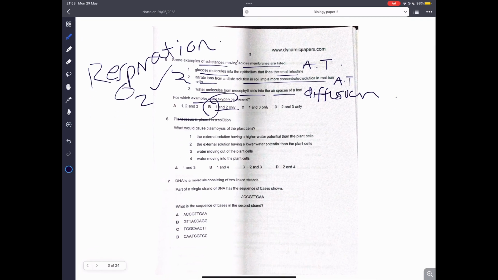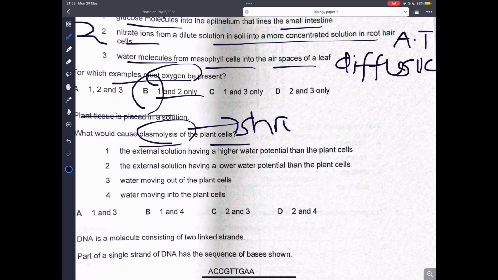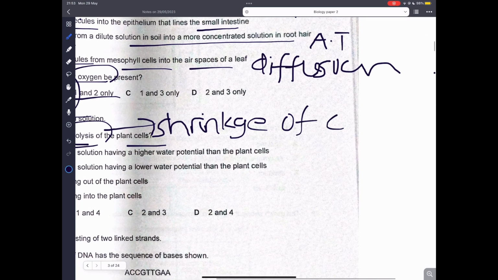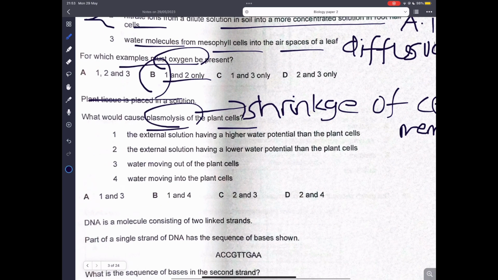Question number 6. Plant tissue is placed in a solution. What would cause plasmolysis of the plant cell? Plasmolysis means the shrinkage of the cell membrane, cell wall, and the plant cell in general. This is because there is lower water potential in the external solution.